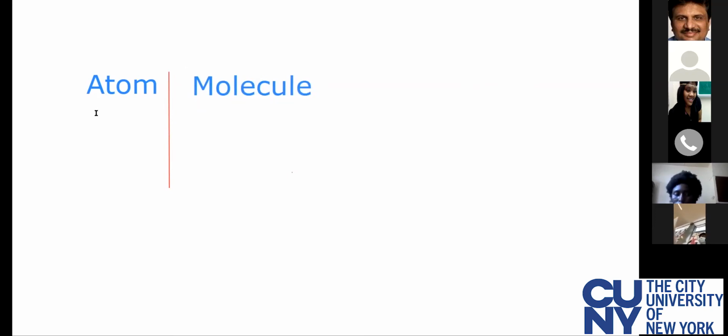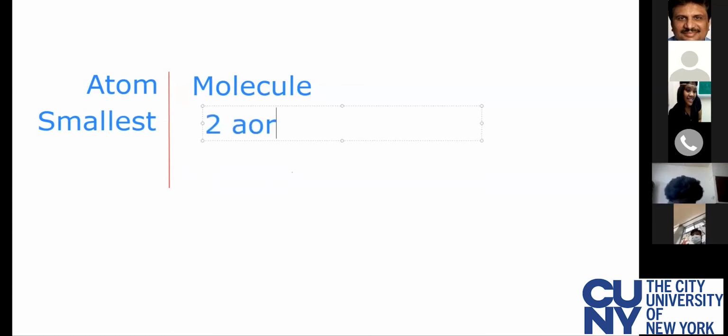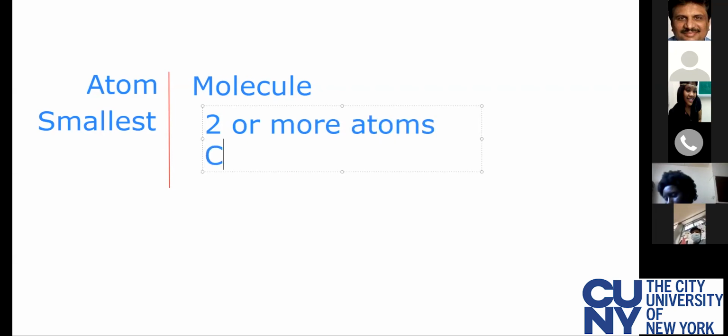An atom is the smallest particle of an element, whereas a molecule is formed when two or more atoms form a chemical bond.